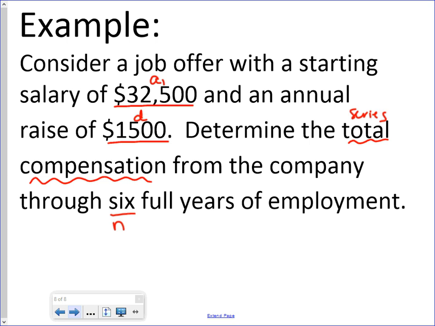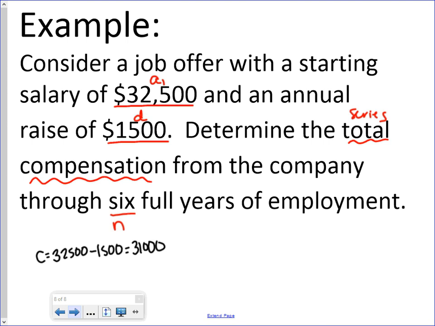This is going to be very similar to the last problem. I might real quickly write the rule to find the salary after 6 years. First of all, c is equal to 32,500 minus d, which is 1,500. So c is 31,000. I'd be very sad if I was paid $3,100.